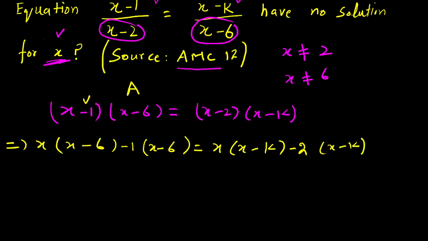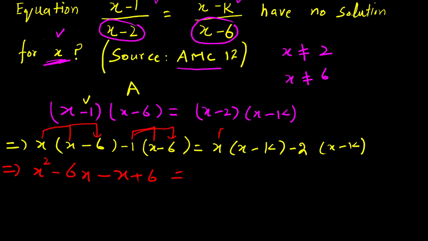All right, now you will see on further expanding, on the left hand side x multiplied with x will be x square, and multiplying with minus 6, x times negative 6 is negative 6x, and minus 1 times x is minus x, and minus 1 times minus 6 is plus 6.